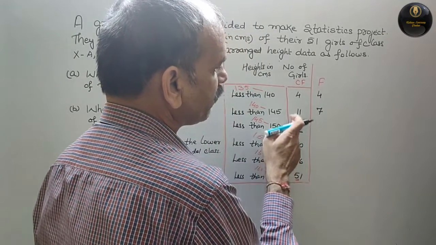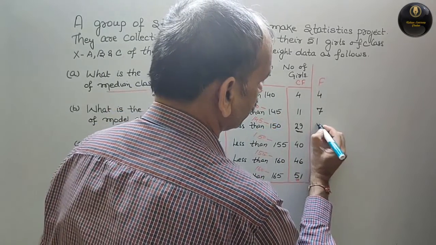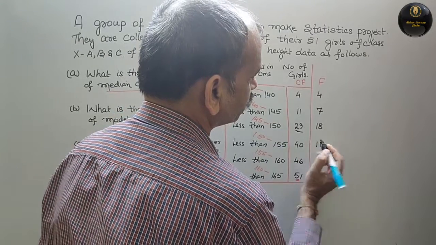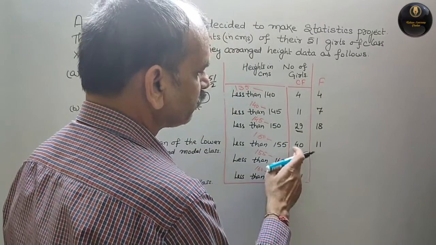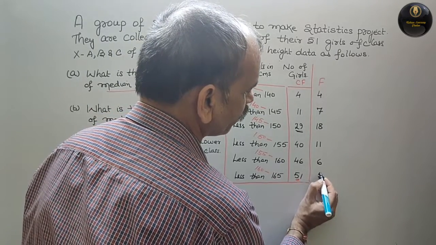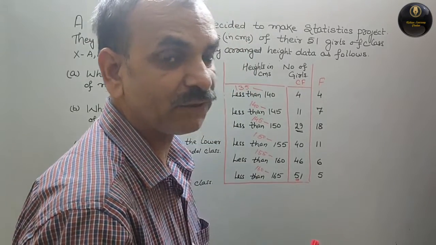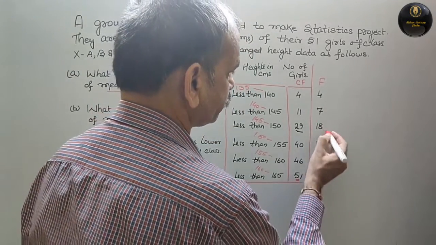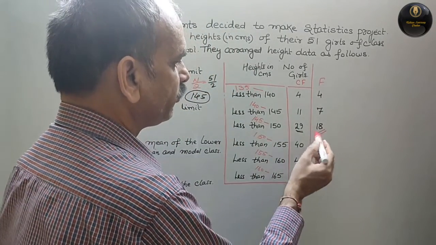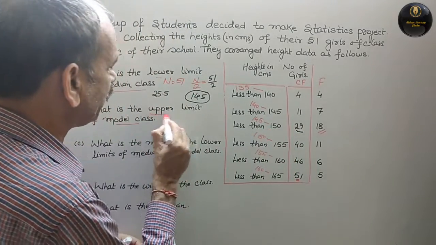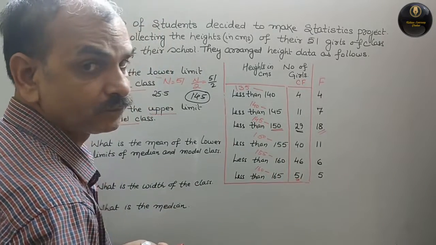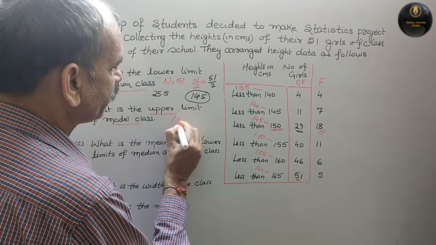Next, 29 minus 11 is 18. 40 minus 29 is 11. 46 minus 40 is 6. 51 minus 46 is 5. So if you see, the highest frequency is 18. So this is your modal class. They have asked you the upper limit. That means upper limit is what? 150. So here we will write 150.